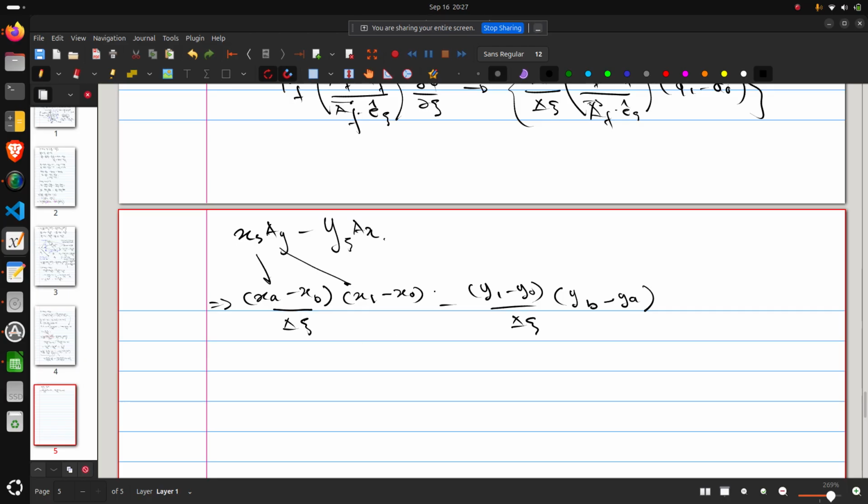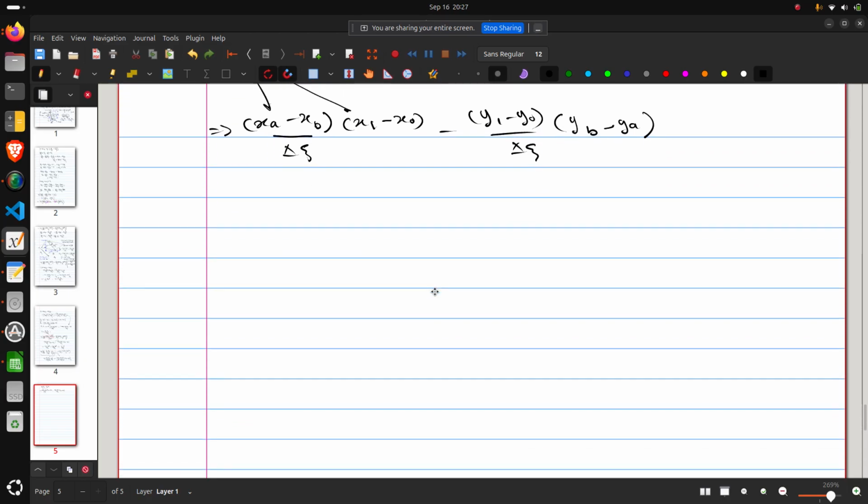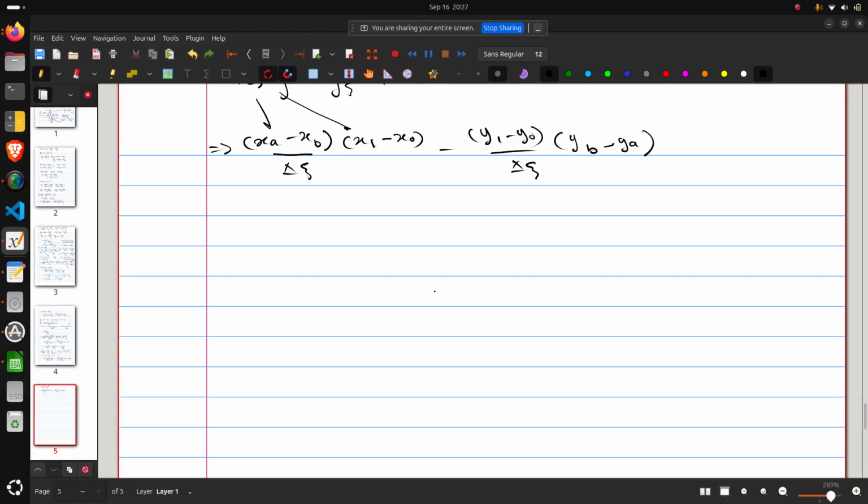Okay, so now that we have this, we'll do a slight manipulation. We'll take negative outside, xb minus xa times x1 minus x naught by delta psi. This will also be minus, right?